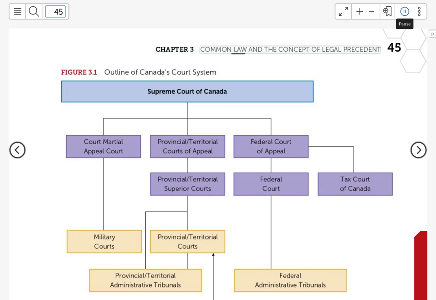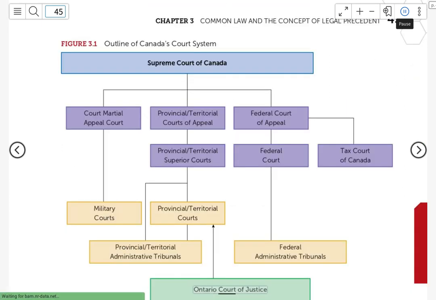Chapter 3 Common Law and the Concept of Legal Precedent. Supreme Court of Canada, Tax Court of Canada, Military Courts, Federal Administrative Tribunals, Ontario Court of Justice, Provincial Territorial Administrative Tribunals, Provincial Territorial Courts, Court Martial Appeal Court, Provincial Territorial Courts of Appeal, Federal Court of Appeal, Federal Court, Provincial Territorial Superior Courts.